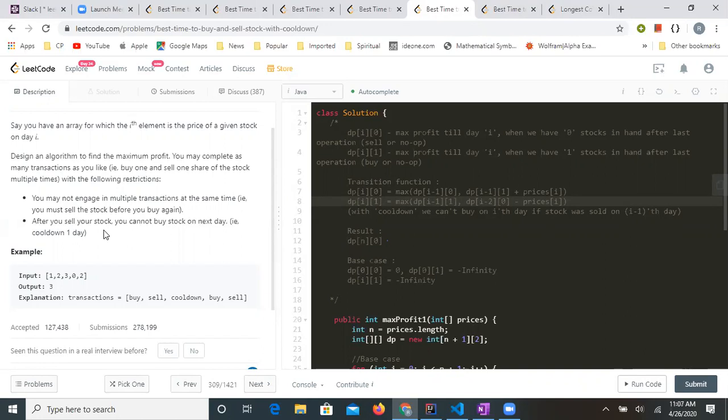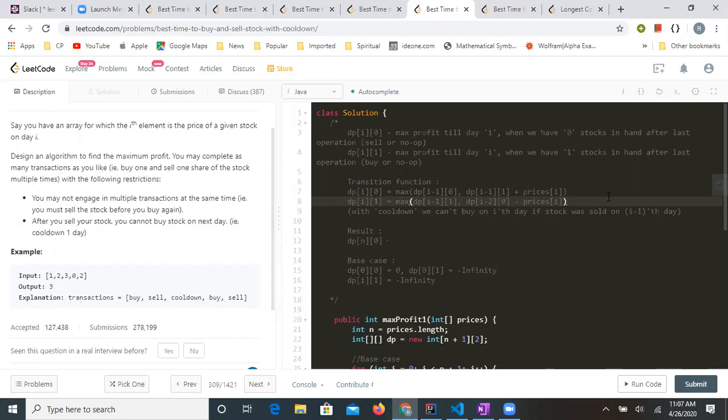So in line 8, the first case is clear, right? Let's not think about it. What is my state? That I want to hold one stock, right? What is the option I can do? If from the previous day I already have one, that is fine. But if I don't have one, can I do anything with I minus 1, 0?